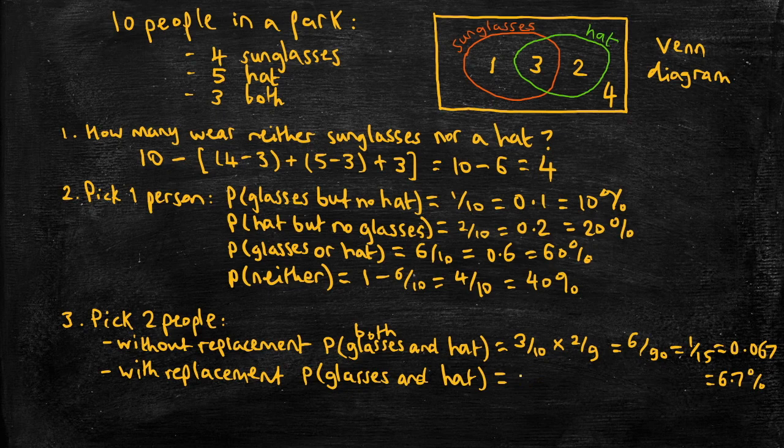And so this time, the probability that the first person has sunglasses and a hat on, still 3/10, but now the probability that the second person picked has sunglasses and a hat on is also 3/10, because we put the first person back in the selection pool. So now that probability is 9 out of 100, which equals 0.09 or 9%.